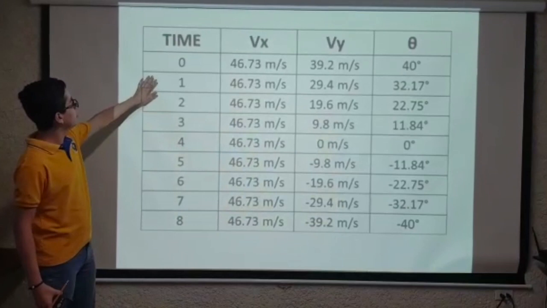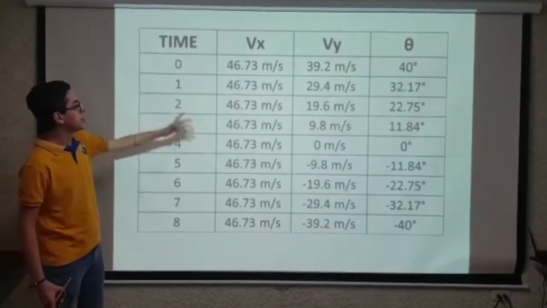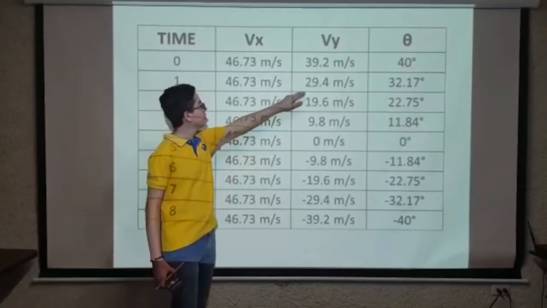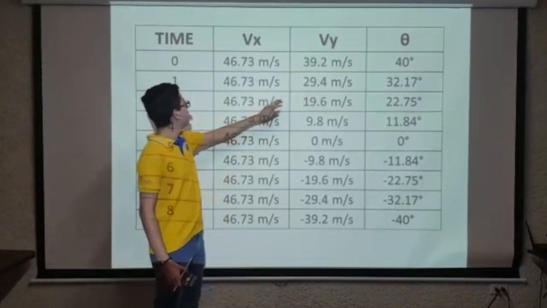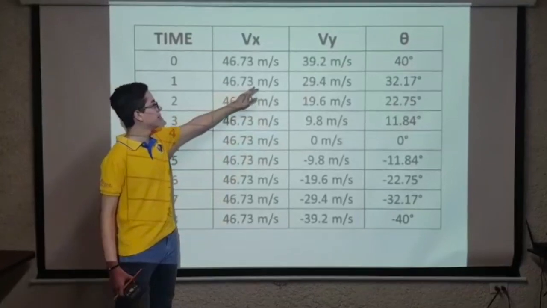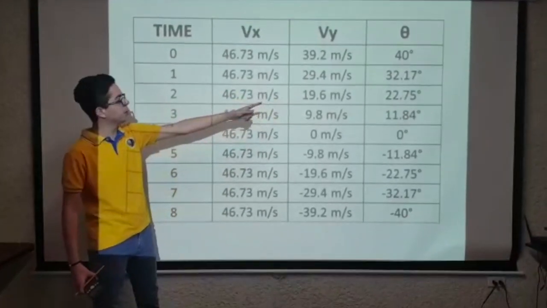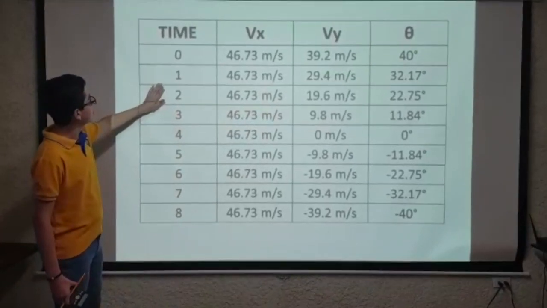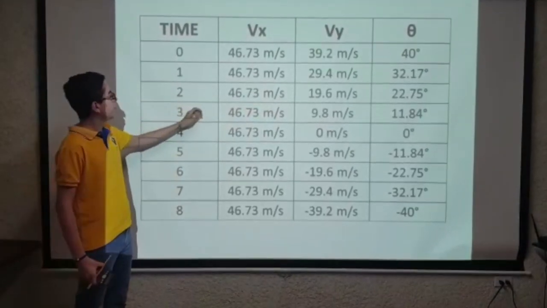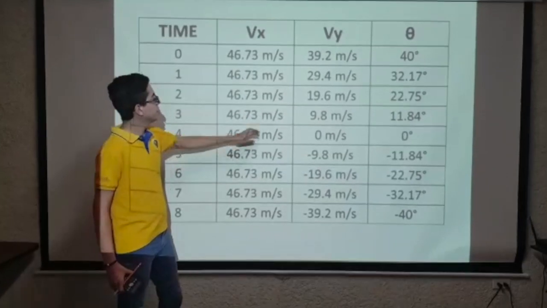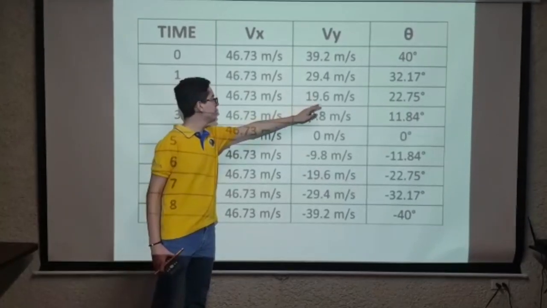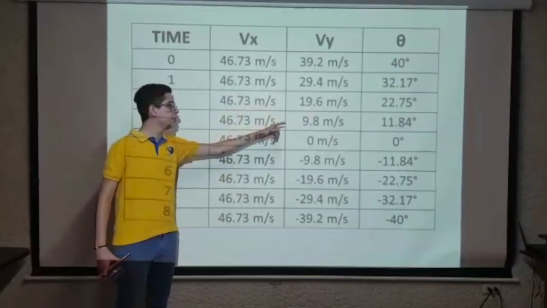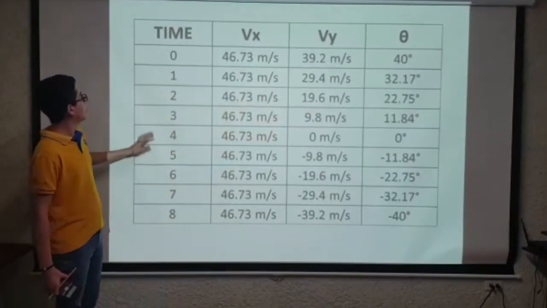Then, to find the angle in second one, we will use the same function of inverse tangent times 29.4 over 46.73. The result will be 32.617. To find the angle in second 2, we will use an inverse tangent times 19.6 over 46.73. The result is 22.75 degrees.